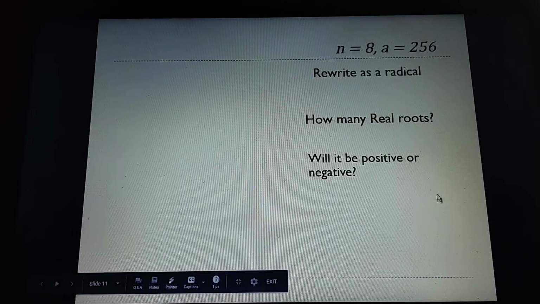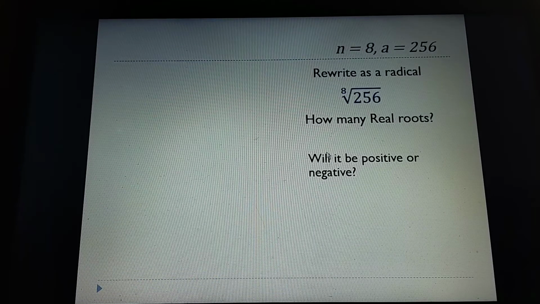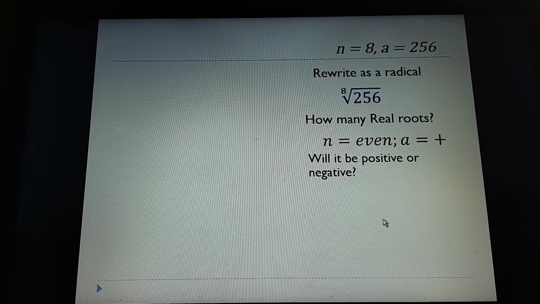Okay, next one. We've got an index of 8, and our radicand is 256. So we're going to rewrite it: 8 on the ledge, 256 underneath. How many real roots? Our index is even, and our radicand is positive.